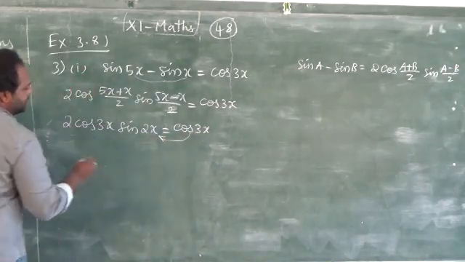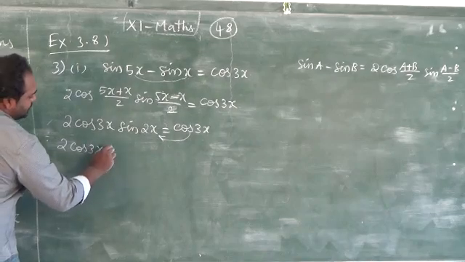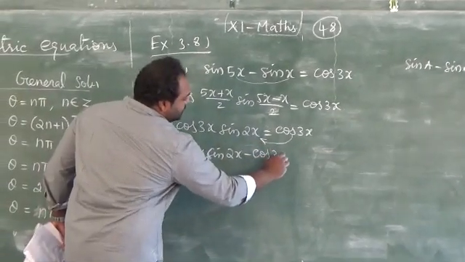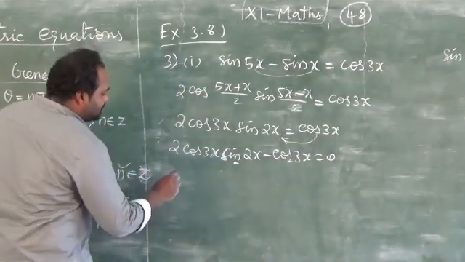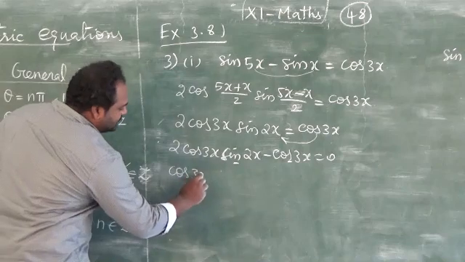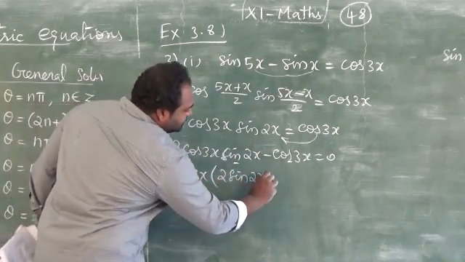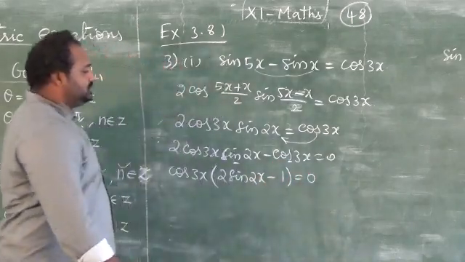Carry cos 3x to this side: 2 cos 3x sin 2x minus cos 3x equal to 0. In these two terms, I am going to take cos 3x commonly outside: cos 3x (2 sin 2x minus 1) equal to 0.